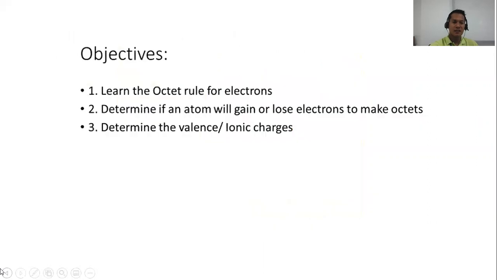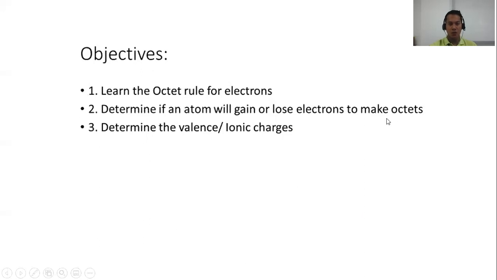All right, going back to our objective once again. Our first objective: we have learned the octet rule of the electrons. We determined if the elements will gain or lose electrons to make octet. Remember, octet means 8.